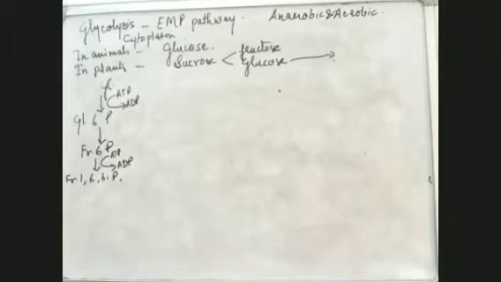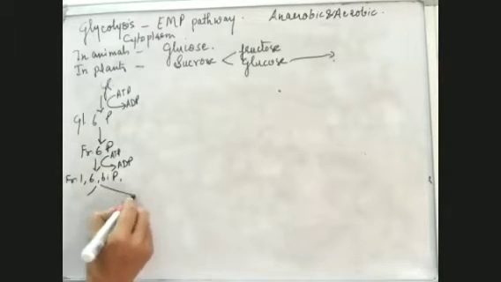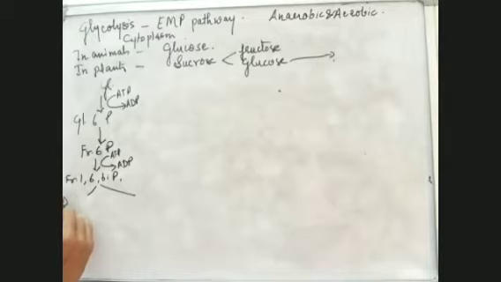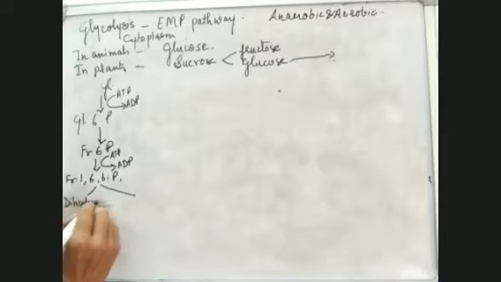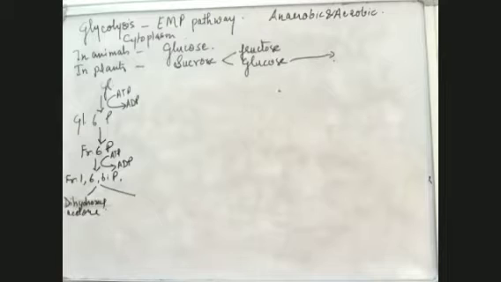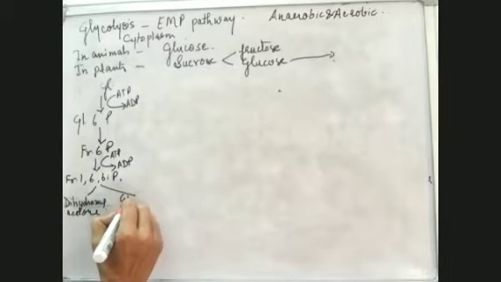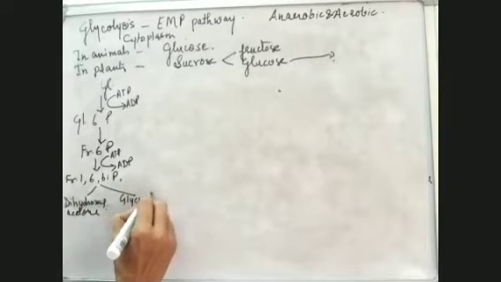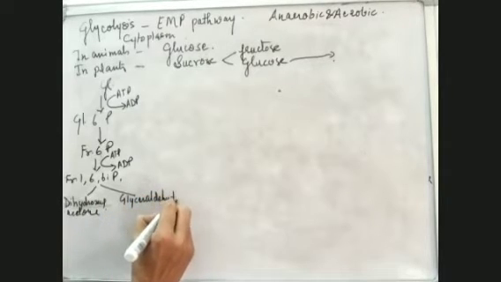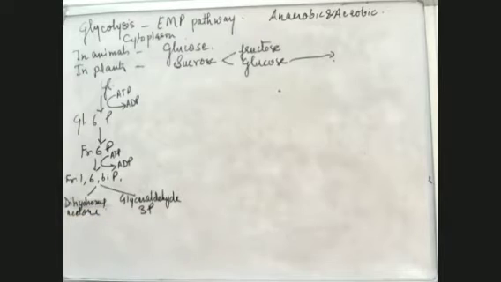This then splits, and on splitting it forms dihydroxyacetone and also glyceraldehyde 3 phosphate. Both are 3 carbon compounds.